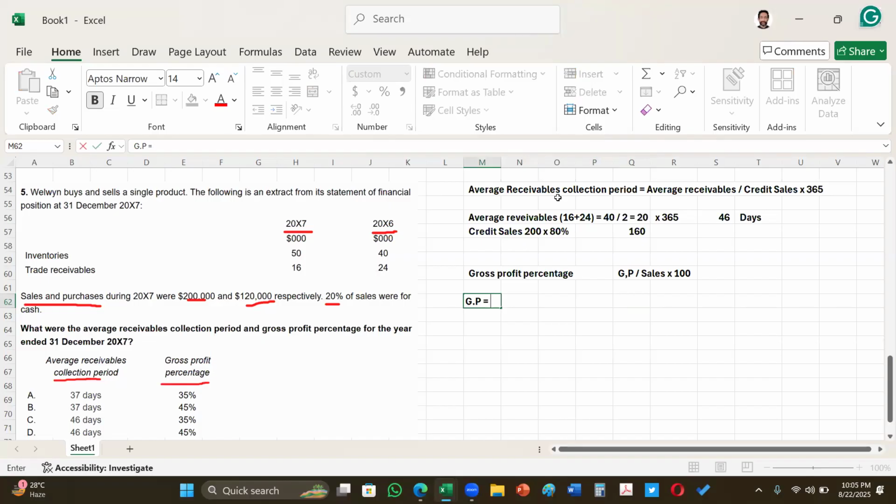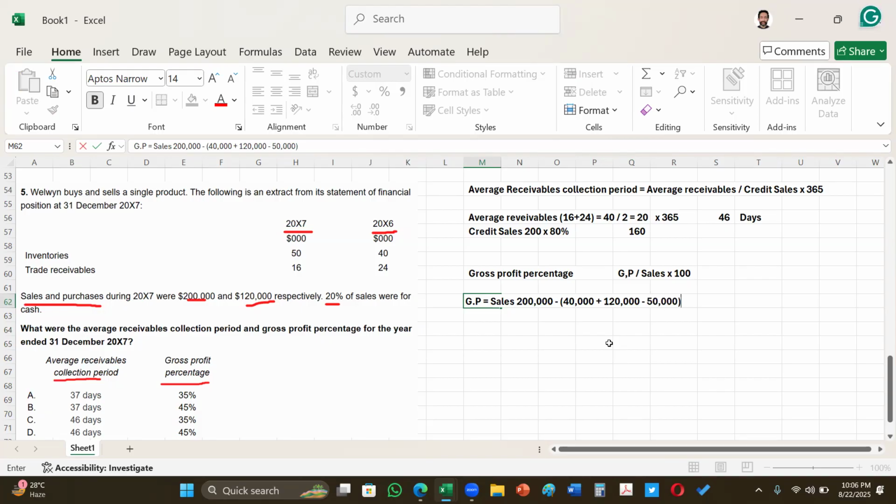GP is equal to your sales, which is 200,000, less cost of sales. Cost of sales is opening inventory, which is 40,000, plus the purchases of 120,000, minus the closing inventory, which is 50,000.